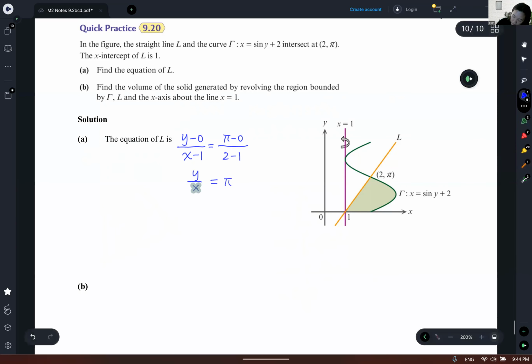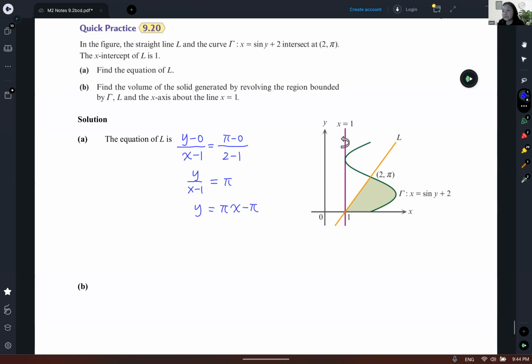Sorry. So y equals πx minus π. That is πx minus y minus π equals 0. Equation of the straight line.